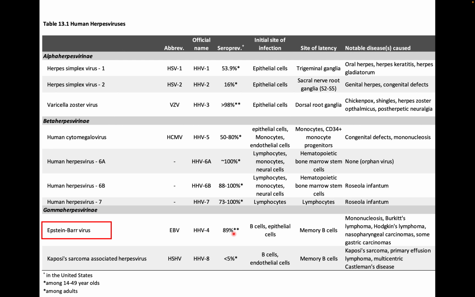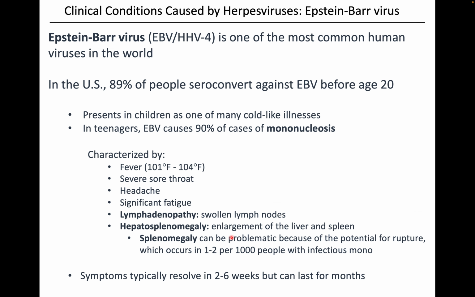Again, very high seroprevalence on this one. So, by all accounts, Epstein-Barr, human herpesvirus 4, is one of the most widespread human viruses in the world. I think about 90% of people in the U.S. seroconvert by the time they're 20.